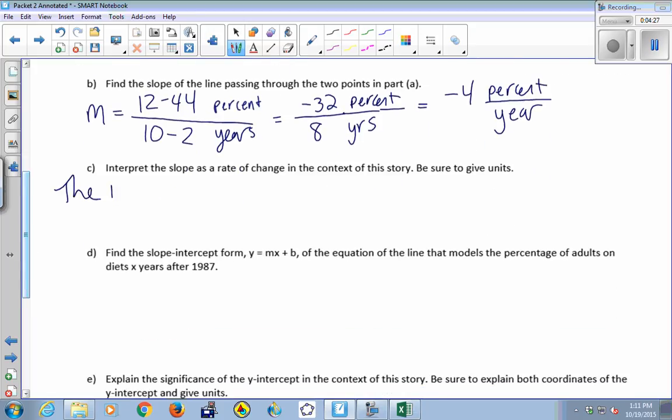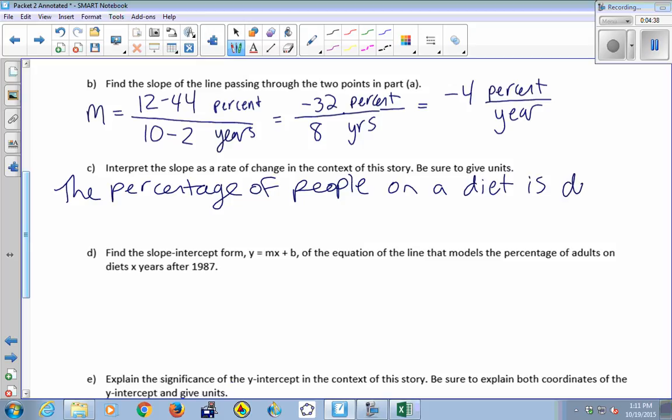So the percentage of people on a diet is decreasing by 4% each year. Okay. So where did my negative sign go?